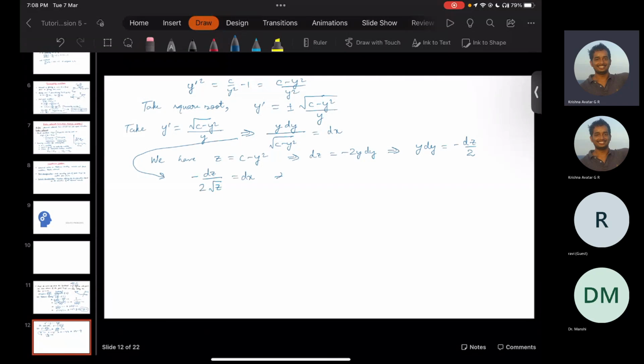We integrate on both sides, and this will give us minus 1/2, and then z to the power half divided by half is equal to x plus c2. And what we see clearly here is we can cancel out the half, or this 2 cancels with the other 2. So this gives us minus z square root of z is equal to x plus c2.